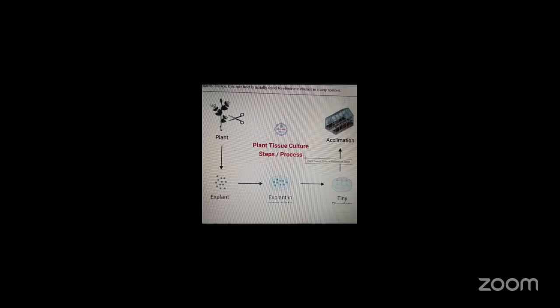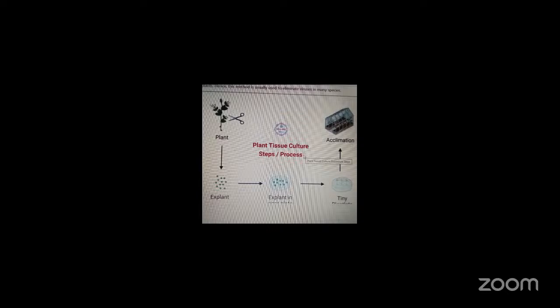After the formation of somatic embryos, we use some chemicals like sodium alginate to encapsulate these somatic embryos, which preserves them and allows them to be used as synthetic seeds. These synthetic seeds have multiple advantages.